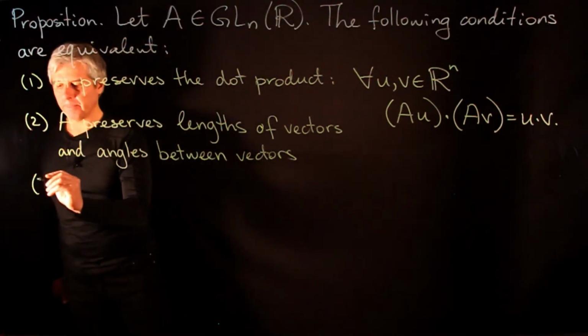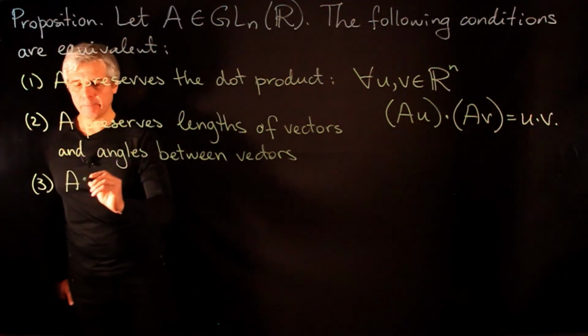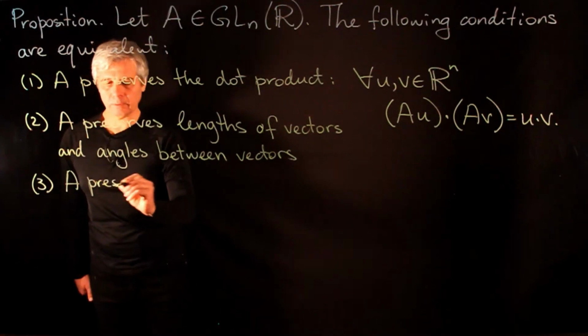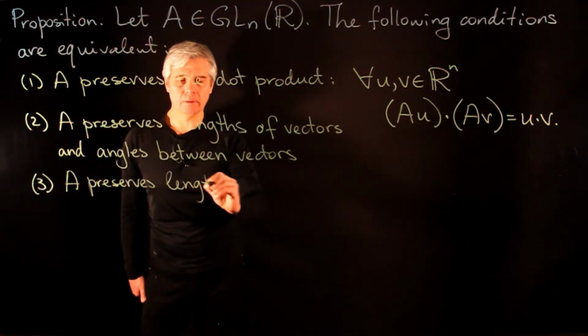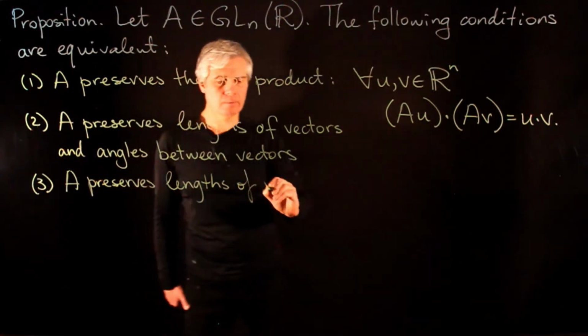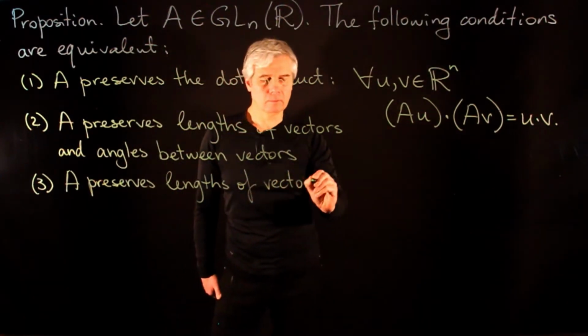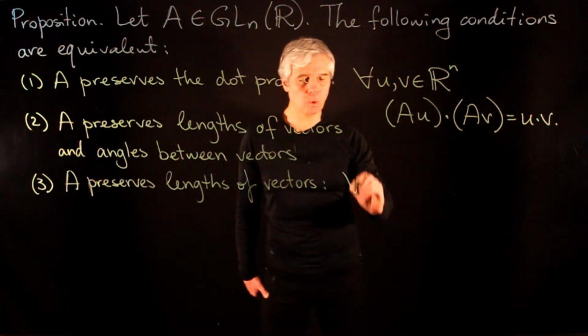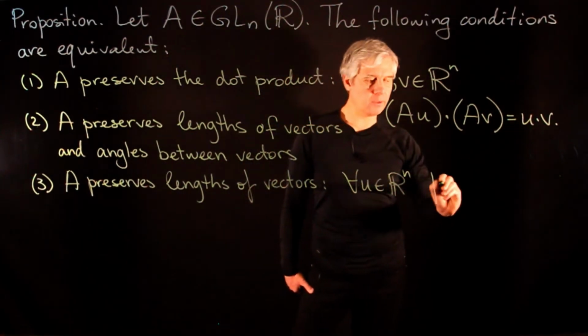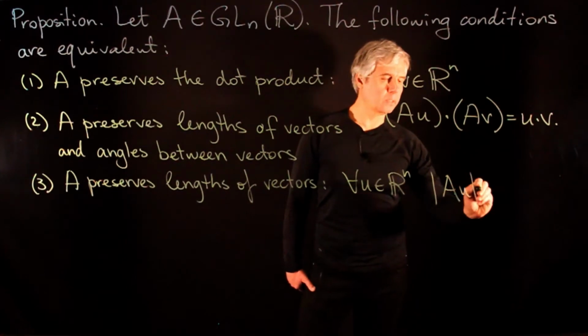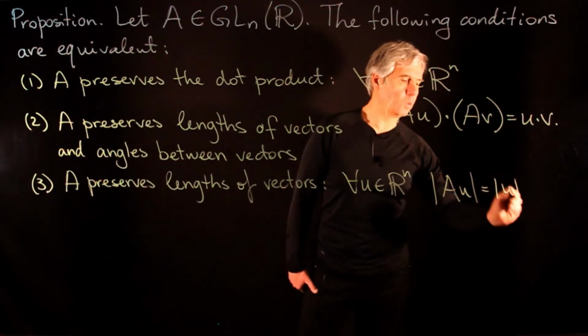Three, A preserves lengths of vectors. So this means that for all u in R^n, the length of Au is equal to the length of u.